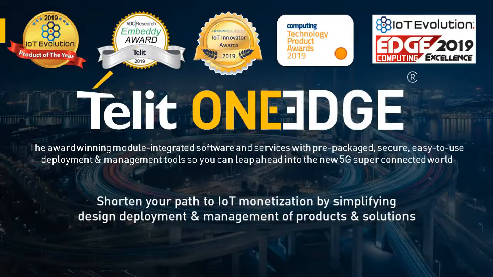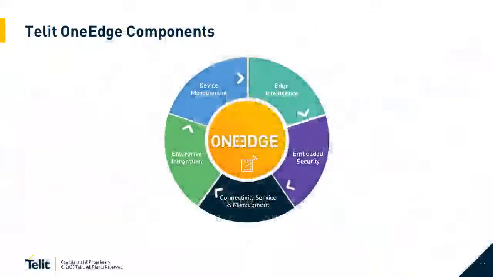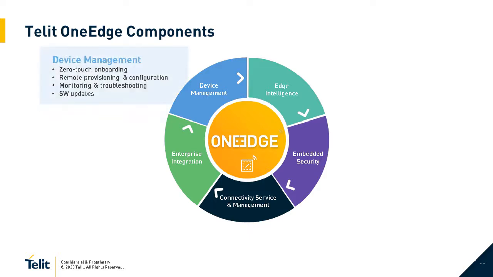Our One Edge platform has been recognized in the industry as one of the best IoT platforms on the market. We've received numerous awards, and it's all about helping customers shorten the path to IoT monetization. So let's talk a little bit about the pillars that make up One Edge. One part of it is device management.